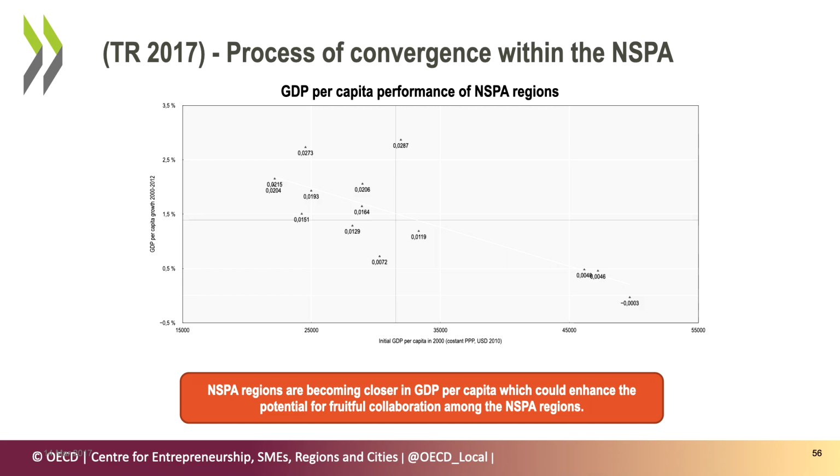When we compare regions, for example, in Finland and Norway, the national effects are very strong, with regions from Norway having much higher levels of living standards. But there is a convergence process. This means that there's a lot of commonalities across the 14 regions that can lead to important cooperation schemes.